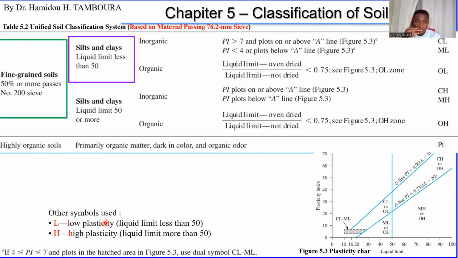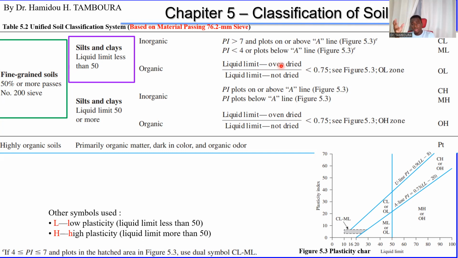Okay. Now for organic, sometimes when soil has organic matter in it, you have to try to know the amount of organic matter in the soil. So for that, you do liquid limit when you oven dry the soil.